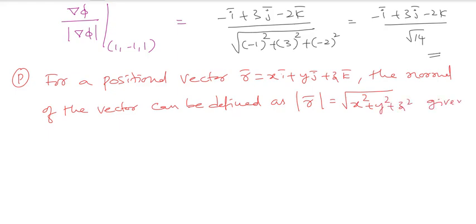Given a function phi is equivalent to ln of mod r bar, then del phi is.